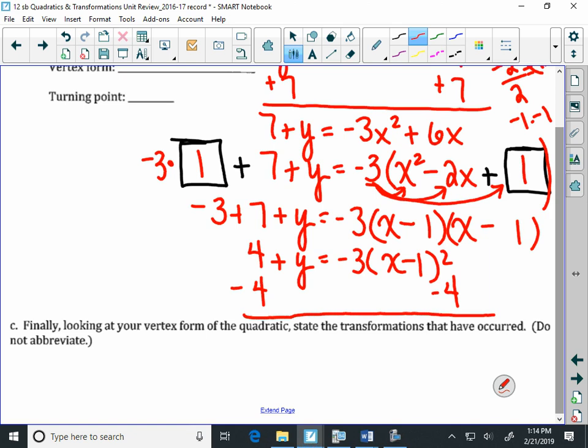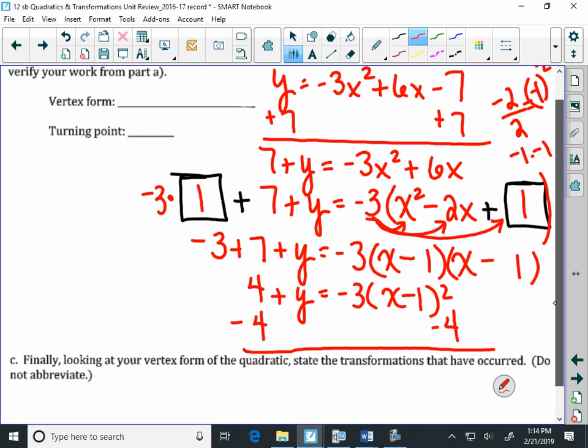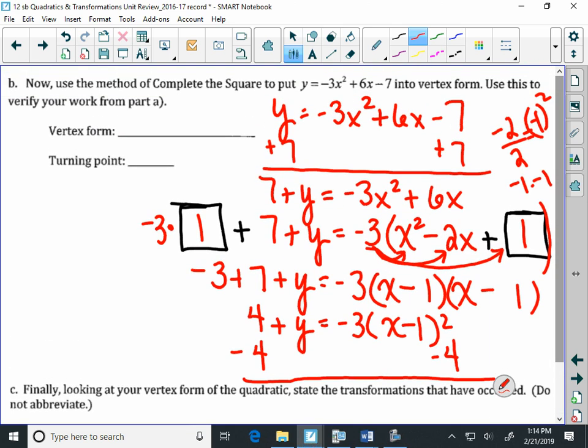And I'm going to write this back in the vertex form here, since I can't fit it in. But we get y equals negative 3 times x minus 1 squared minus 4. I'm going to fix my negative in here. I'm going to switch colors there. You can't see it very well, but it's negative 3.